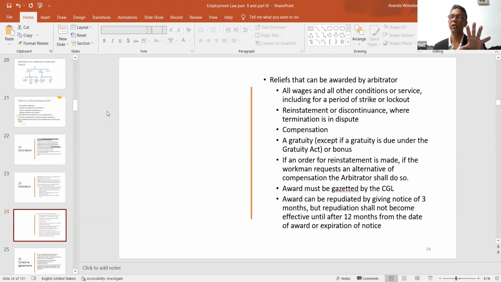So therefore, if there is a dispute in relation to termination of employment, because that, how do we define the industrial dispute? Can anybody tell me? How do we define industrial dispute? Yes?